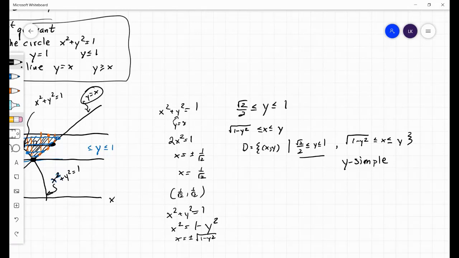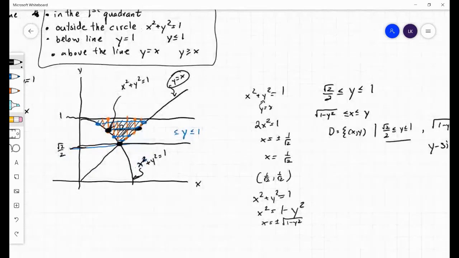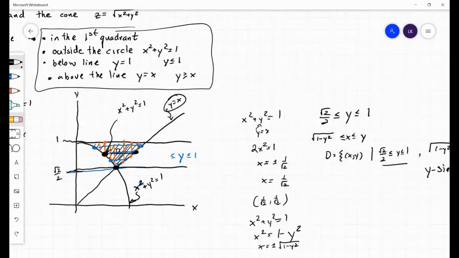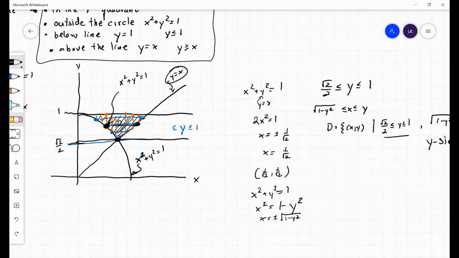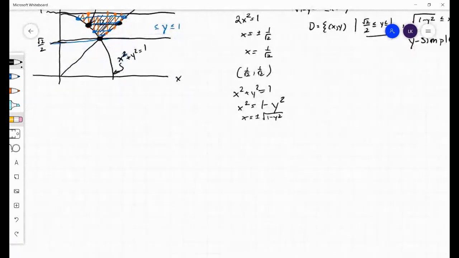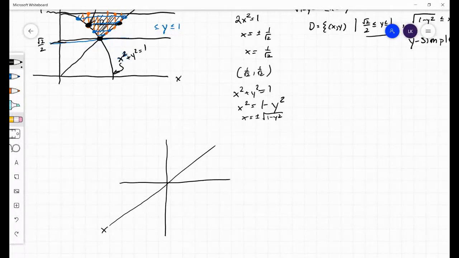Okay. So, and how is that related to finding volume? Right. Between the xy plane and the cone. Okay, so we have our funky region in the xy plane, this little tiny bit. And then we have a cone.